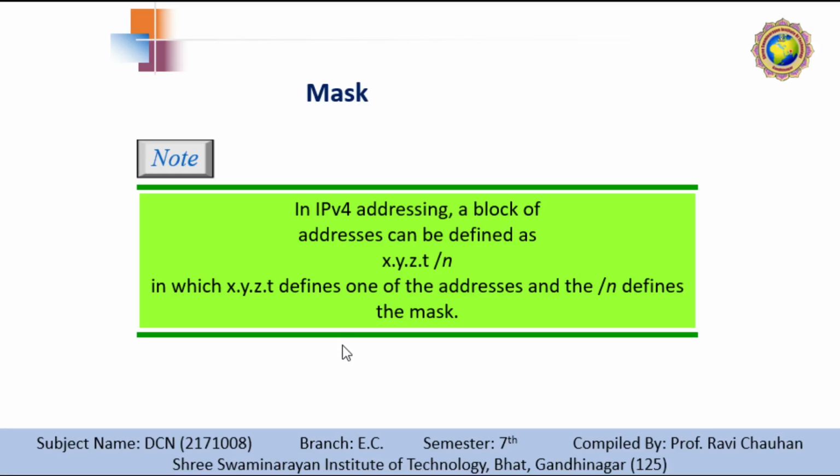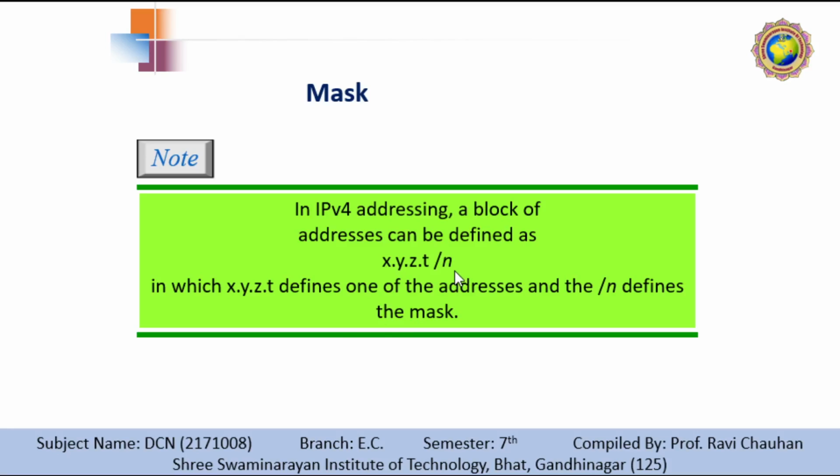We have already seen this mask concept in our previous session, in which we defined the different classes A, B, C, D. However, in classless addressing, the mask for a block can take any value from 0 to 32.